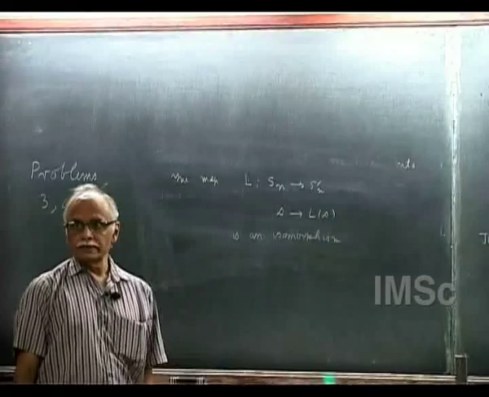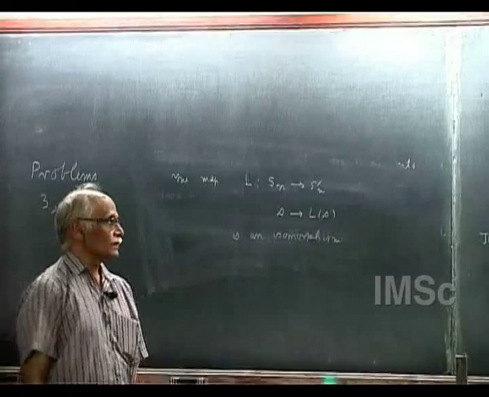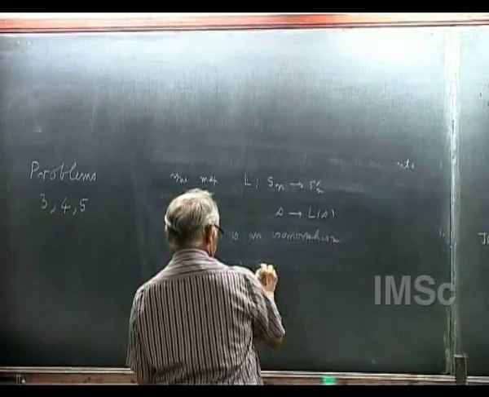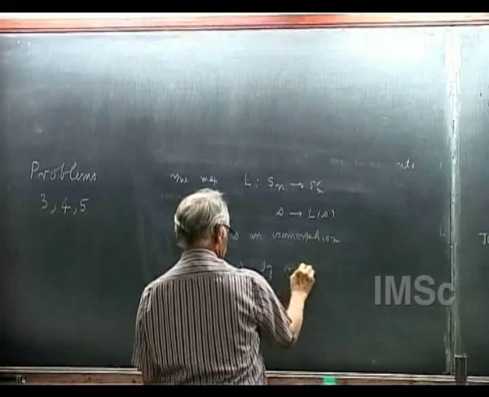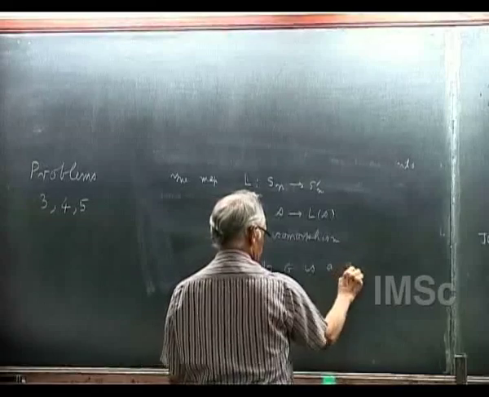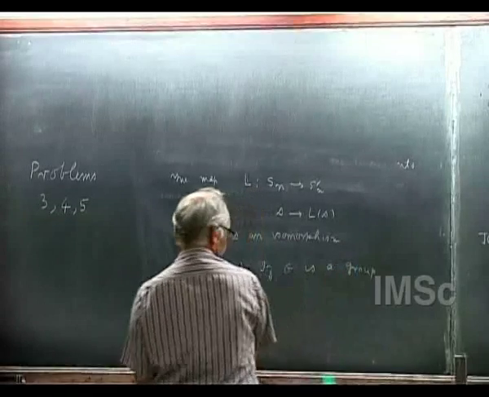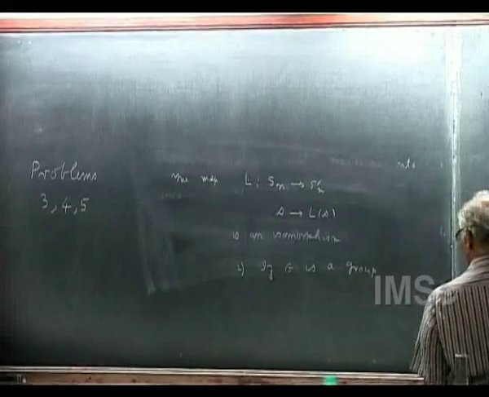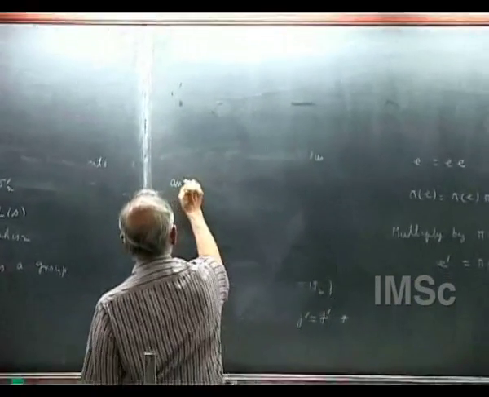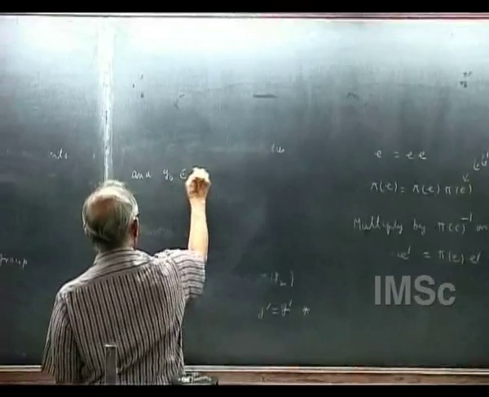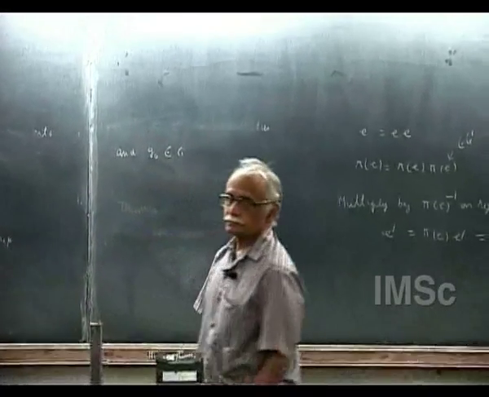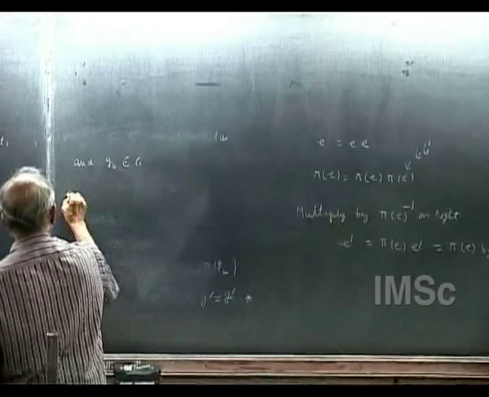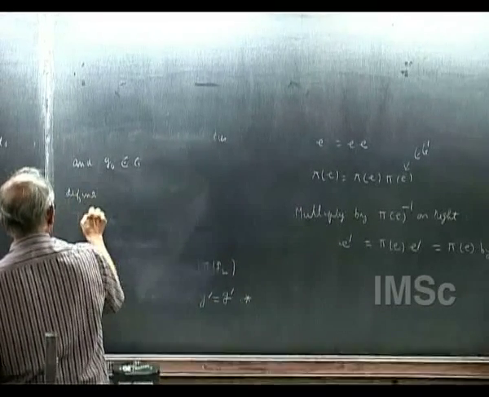Okay. This is an easy example. Slightly more interesting is the following. If G is a group, and G0 is in G, what I will do is define phi of G0.